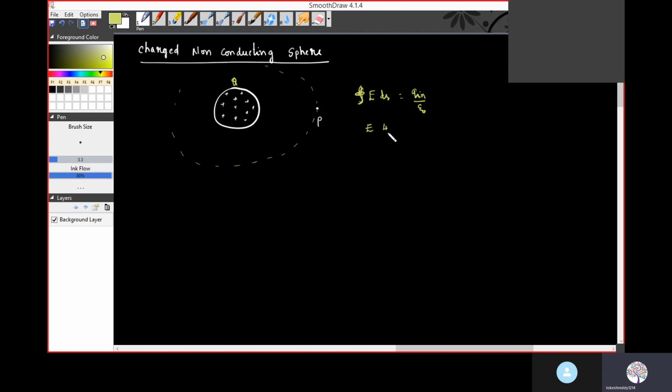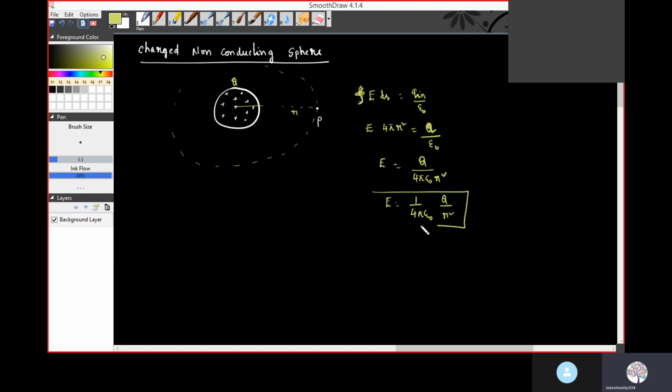E into 4 pi r square, because the area of the Gaussian surface is 4 pi r square. Charge is q by epsilon naught. So E is equal to 1 by 4 pi epsilon naught q by r square.